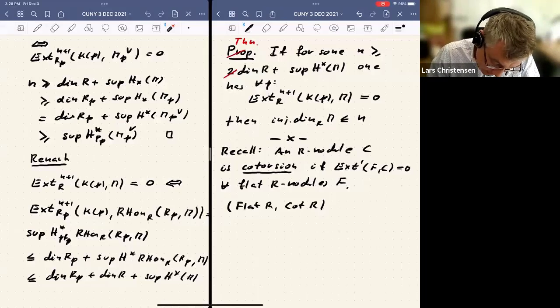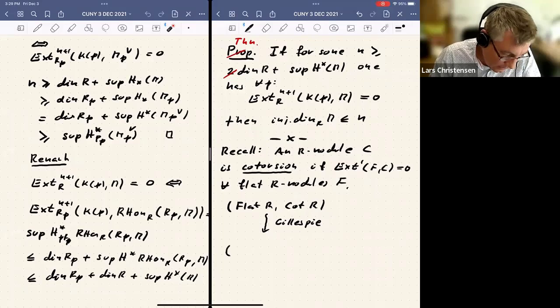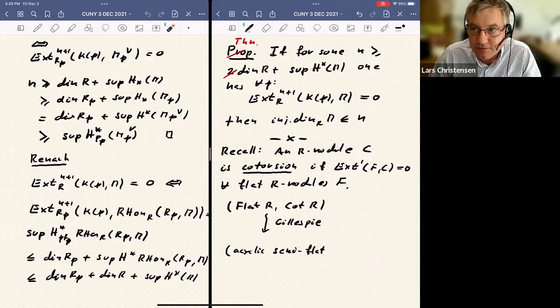Jim Gillespie shows that whenever you have a cotorsion pair in the category of modules, you can bootstrap that up to a cotorsion pair in the category of complexes. So we get a cotorsion pair with acyclic semi-flat complexes, or DG-flat, or whatever you want to call them, K-flat complexes of flat modules.